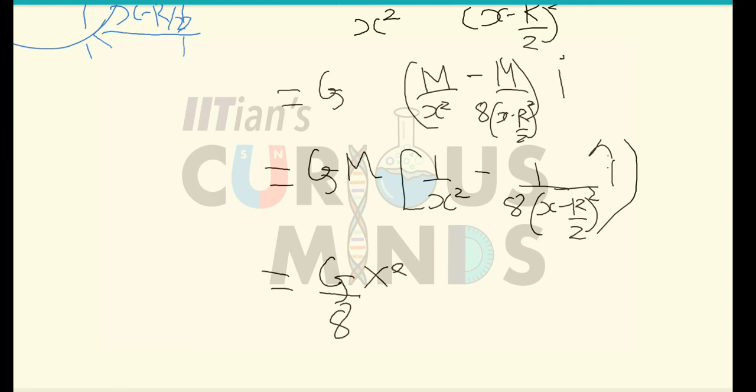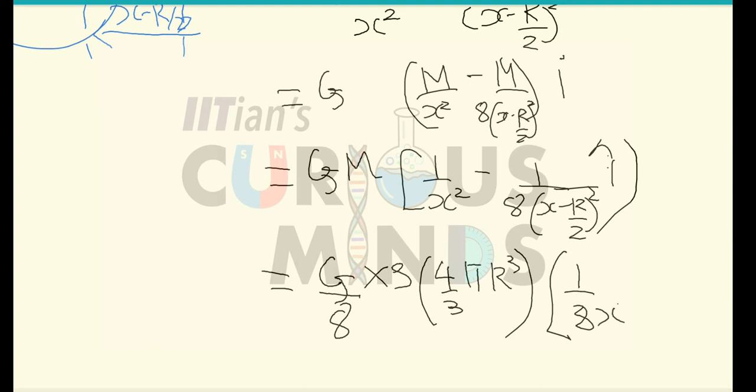Mass can be written as density into volume, which is equal to density into 4 by 3 pi r cube, into 1 by 8 into 8 by x square minus 1 divided by x square minus r square divided by 2. Now there will be a negative sign also over here.